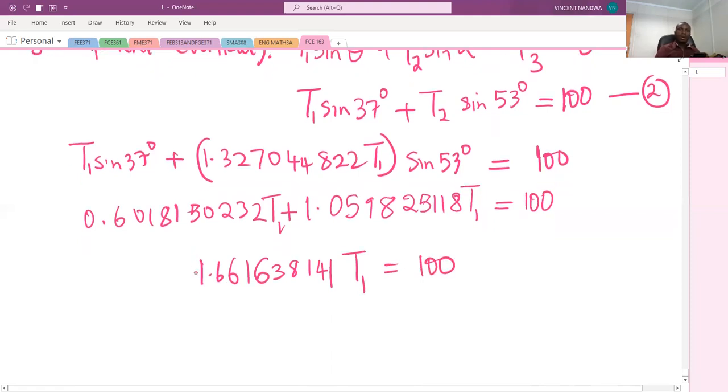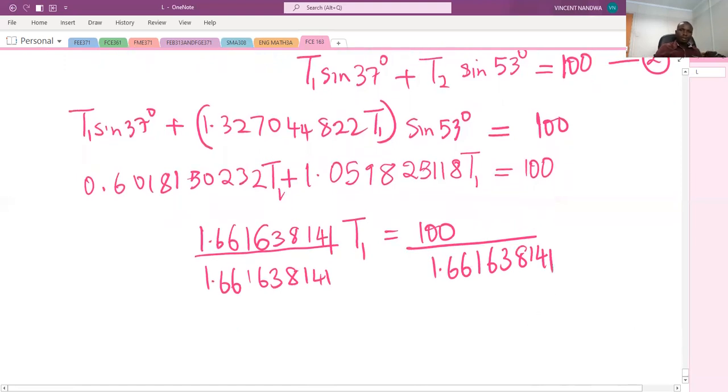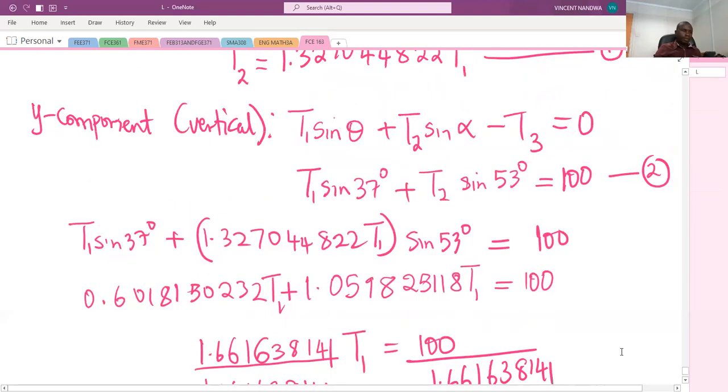So then I divide through by this value, 1.661638141. So 100 divided by 1.661638141, I get T1 to be 60.18 newtons.